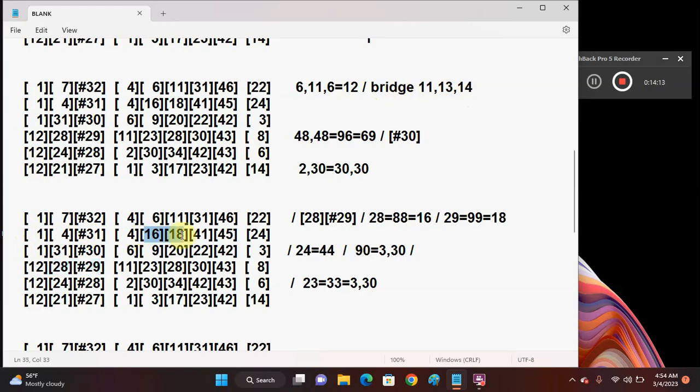So here's your 16, and here's your 18. And this number right here was very important. Knowing that relationship and knowing that this is a bridge number, and this is also a bridge number too, it could play itself out right here. So in other words, you would play out a 16 and 18.